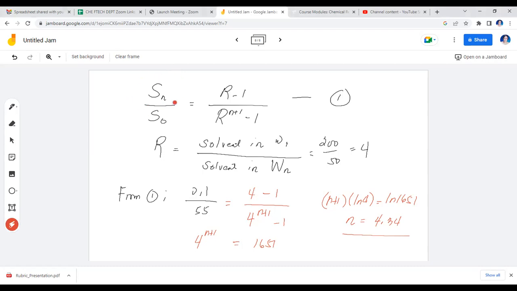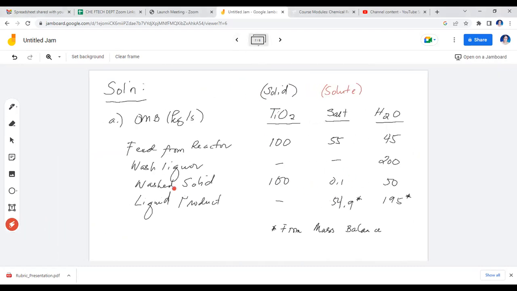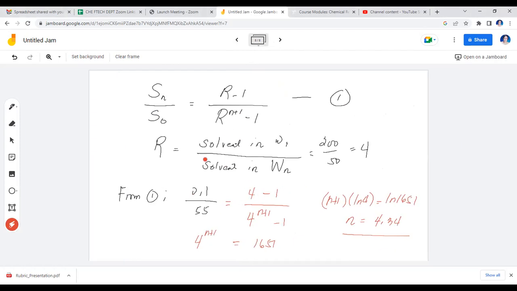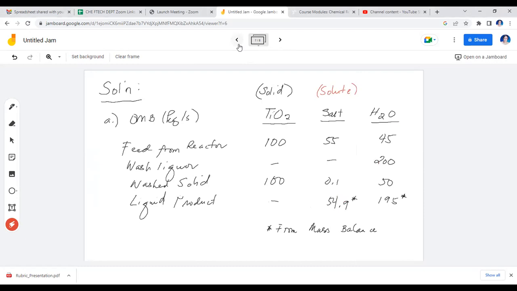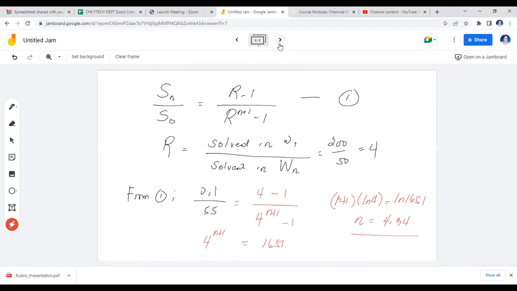Based on our table, that's 0.1. The washed solid contains this amount of solute, 0.1. Now, what about this 55? Solute in the feed. How much solute do you have in the feed? Feed from the reactor contains 55 kilograms salt. So that is why you have 55.